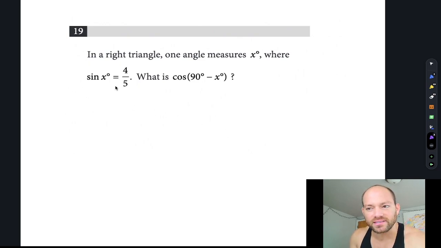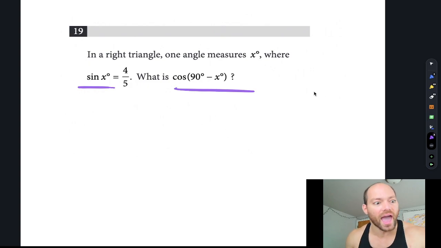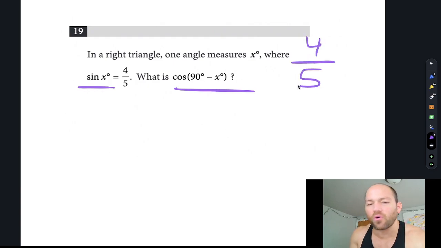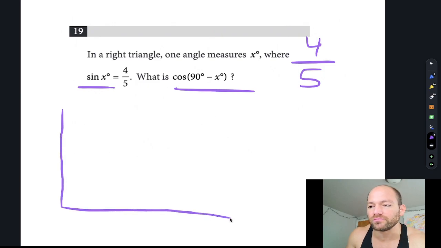They tell us sine of x. They want to know cosine of 90 minus x. Well, what did we just say? We just said that sine x equals cosine of 90 minus x. We know the answer is going to be 4 over 5. But let me just show you real quick why that's true.